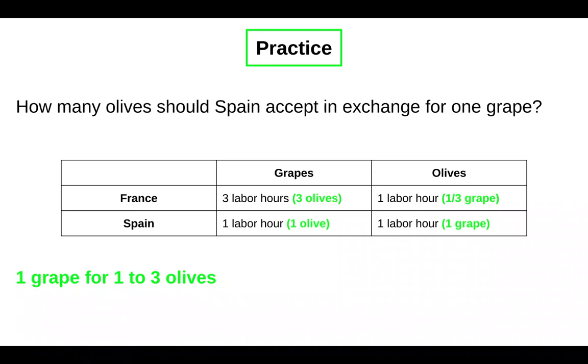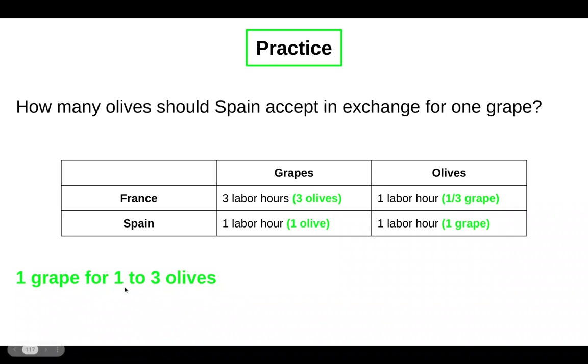Now, how did we get that? Well, the quick and easy way is to say, okay, what good or service is Spain producing? Grapes. So go ahead and write one grape. For, and then you're going to put blank to blank, and then whatever good or service that country wants. And so Spain wants olives in exchange for the grapes it's making.